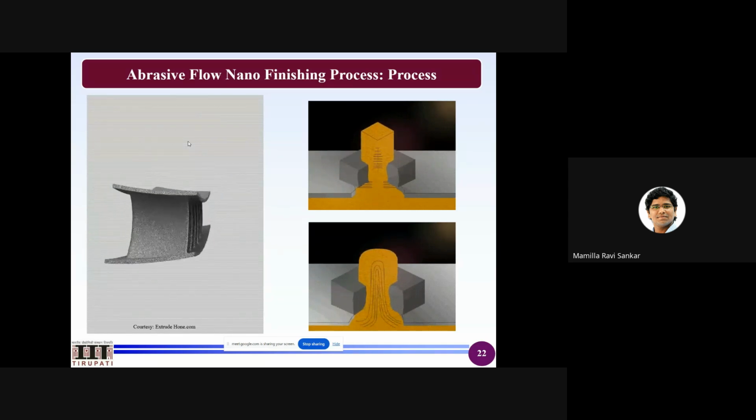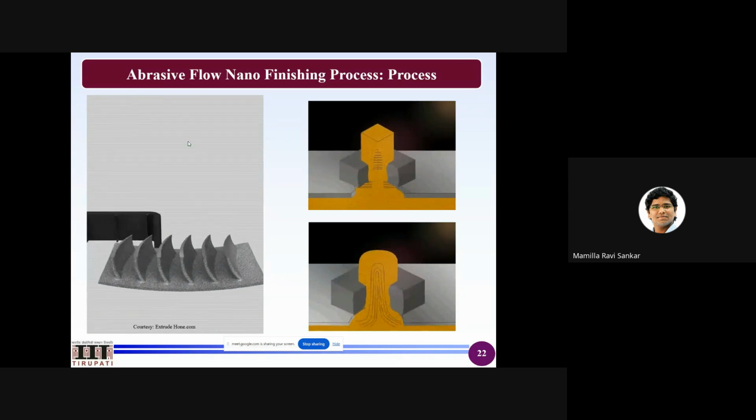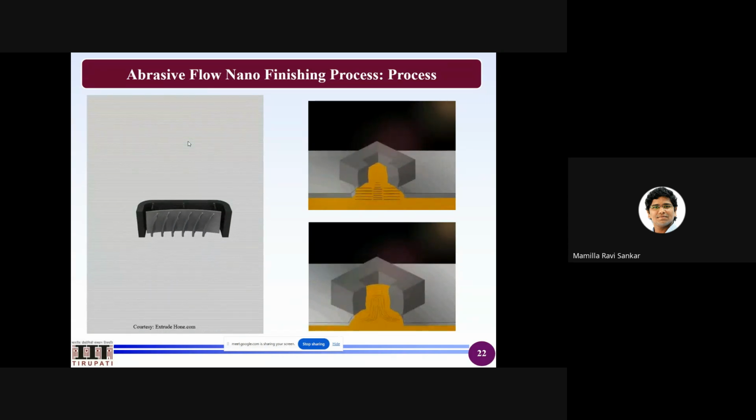So the semi-solids can flow to the nooks and corners of the complex surface to finish. Okay, so that's how this will work.